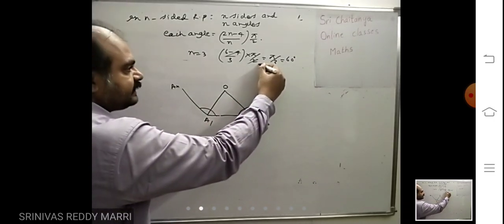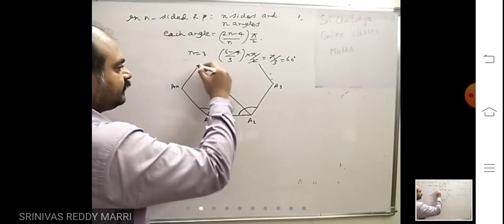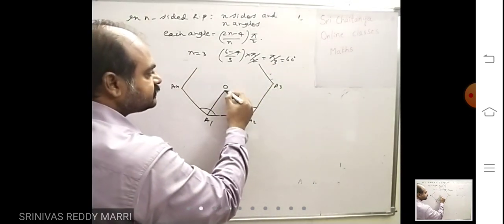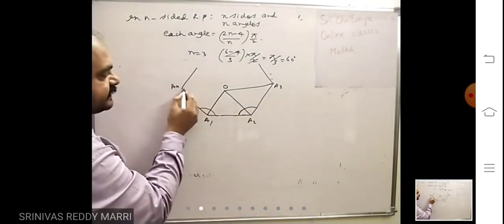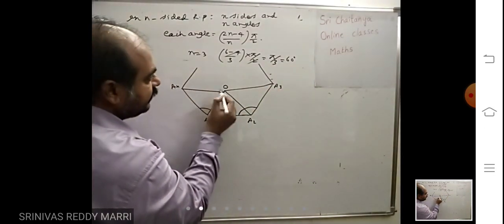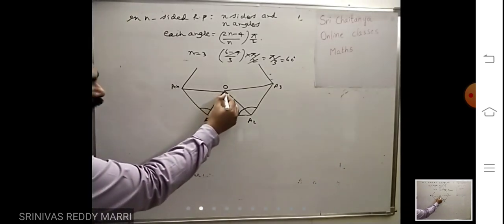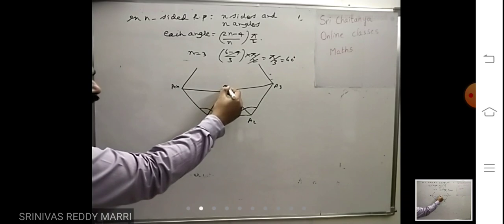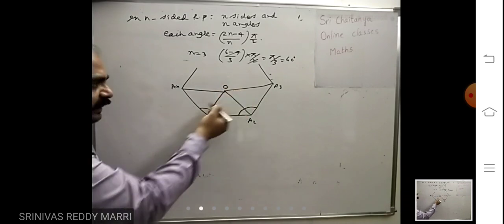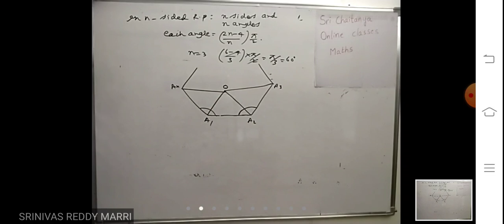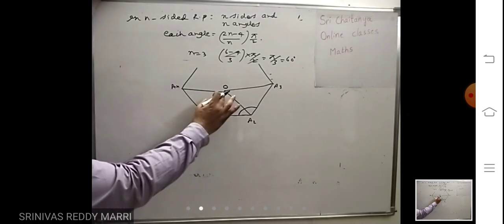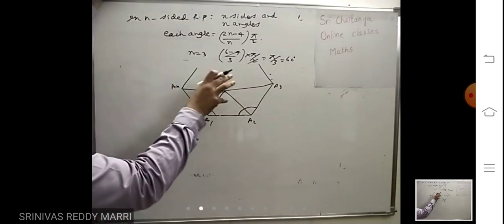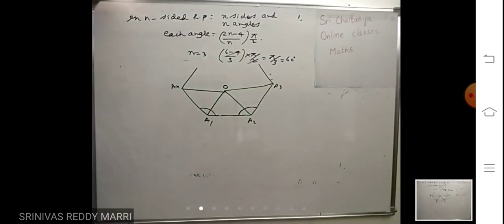Like that, if you connect all of these, all these angular bisectors will meet at a point that is called the incenter. Where all the angular bisectors meet is called the incenter of the regular polygon. And in a regular polygon it is also the circumcenter, because the circumcenter and incenter coincide.